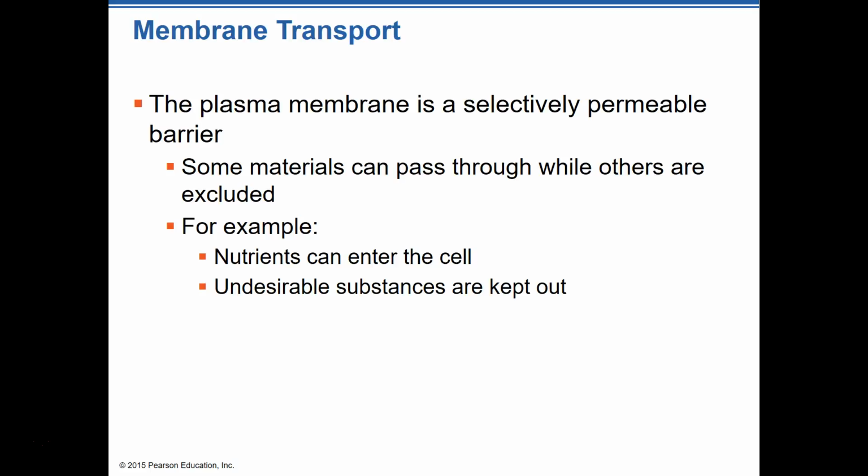But that permeability of that membrane, we call that selectively permeable, meaning some things can come through easily, other things are going to require effort and work in order for that to come through. And many of the undesirable substances are managed to be kept out. So mainly that membrane is permeable to the things that are really safe for it and relatively harmless, but it's not permeable to those things that can be damaging to it, if that makes sense.